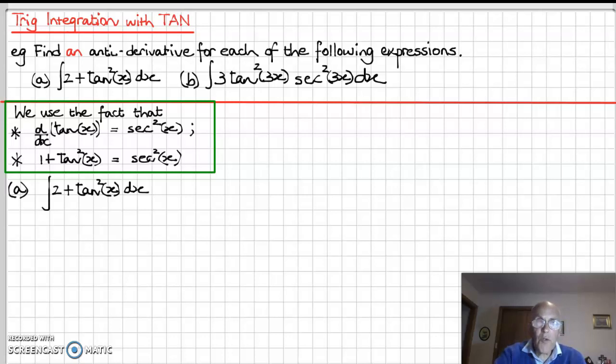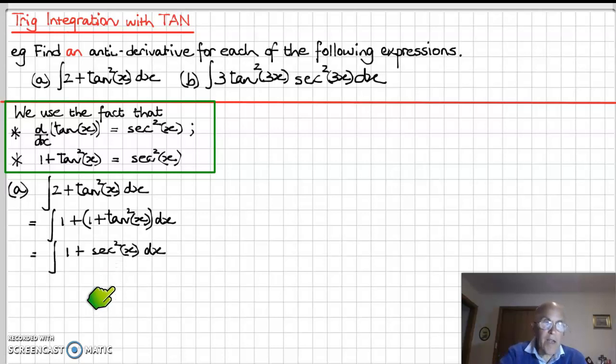Okay, the integral of 1 plus tan squared x with respect to x. If we enlist the help of this little beastie here, 1 plus tan squared x is sec squared x. So let's put that into play. Now if I rewrite that as sec squared x, can you see how devilishly cunning this is?